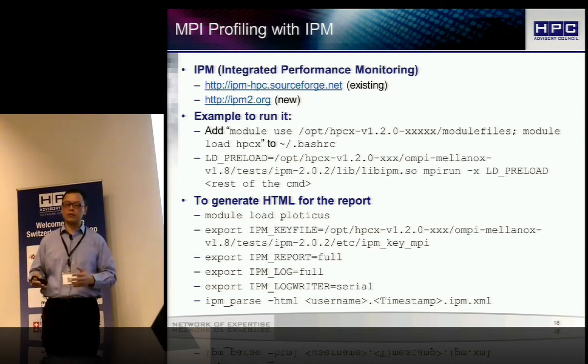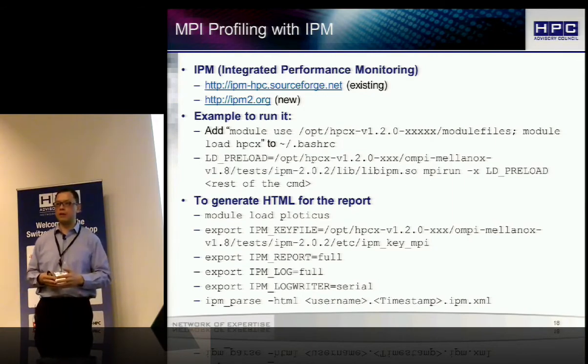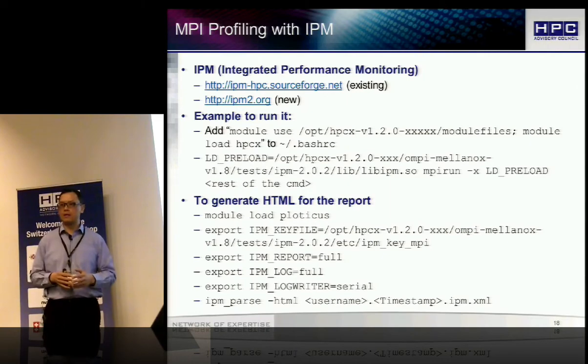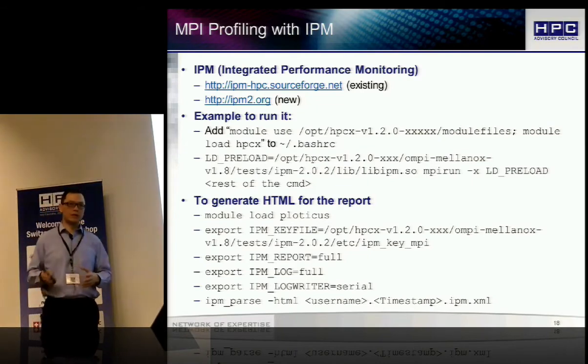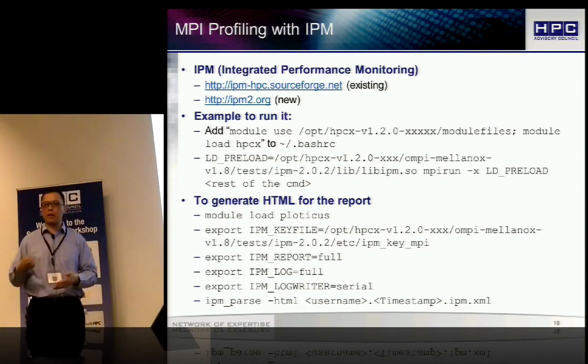If you use a different MPI, you have to recompile for that MPI, because it makes use of the profiling interface in the MPI standard, called PMPI. It's different between different releases of the MPI library. So if you have, let's say, Intel MPI or OpenMPI, you do want to recompile.